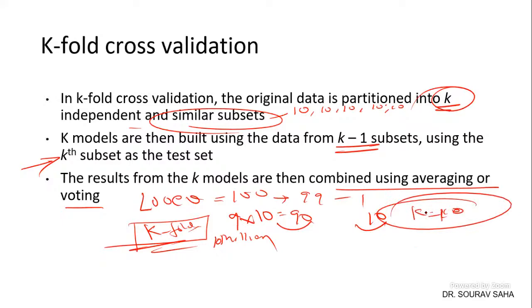How many times does the process get repeated? Once again, for 10 times, correct? At every point in time, 9 million records are used for training and 1 million for testing.